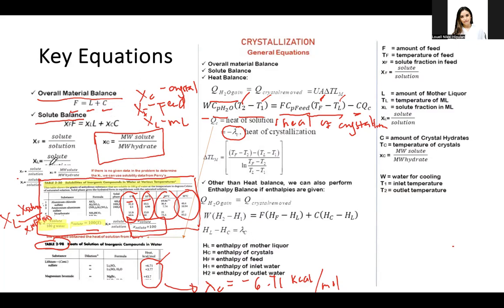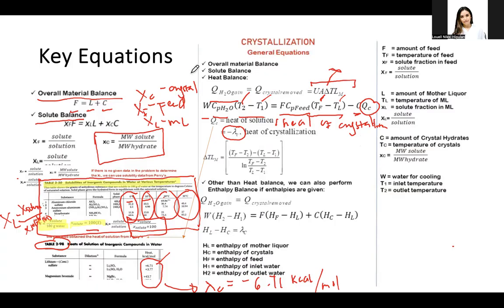Heat of solution can be found in your table 2-98. So you are going to substitute that value here for heat of solution. So that is equal to the heat transfer through the crystallizer surface.